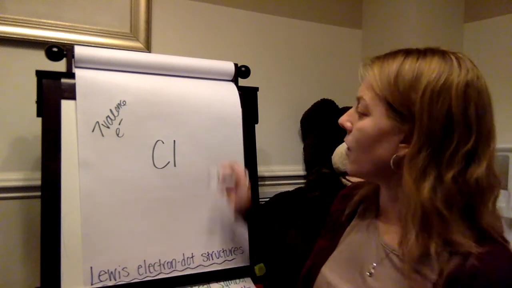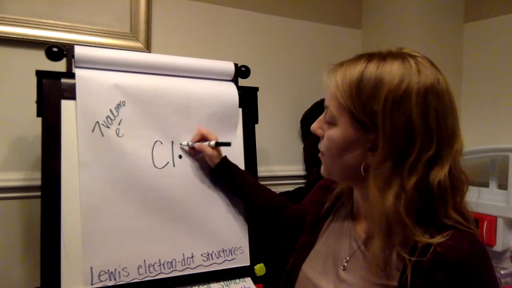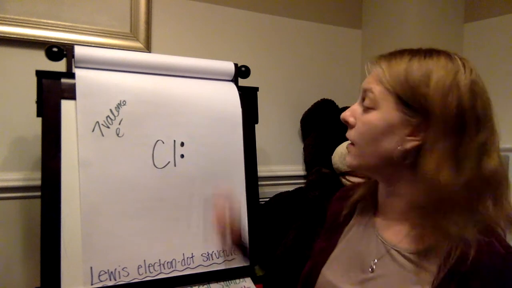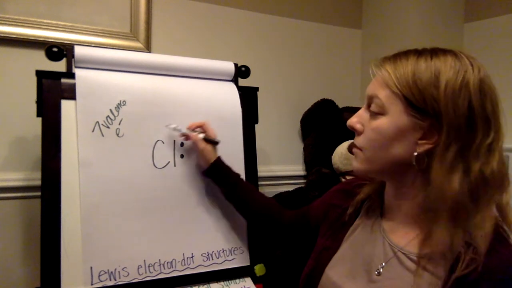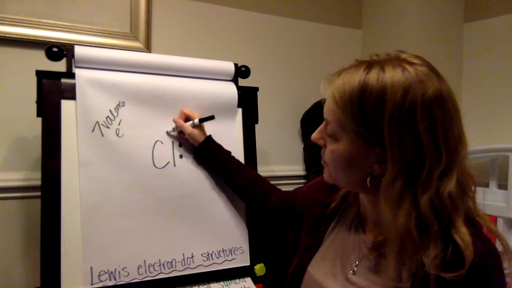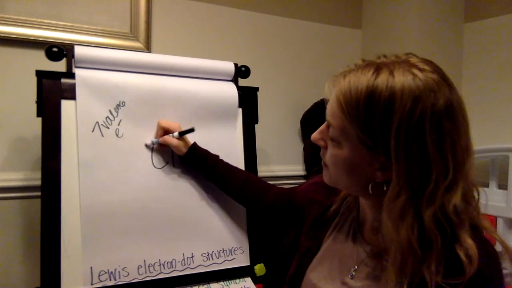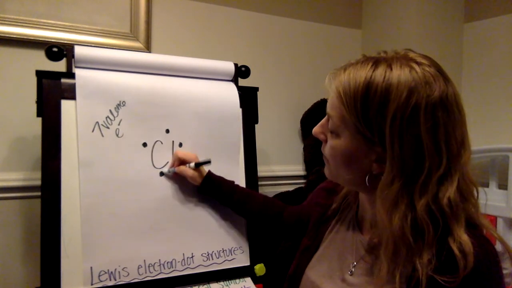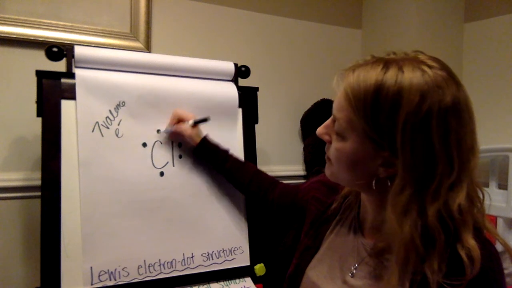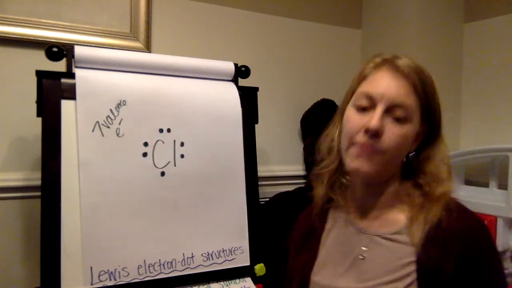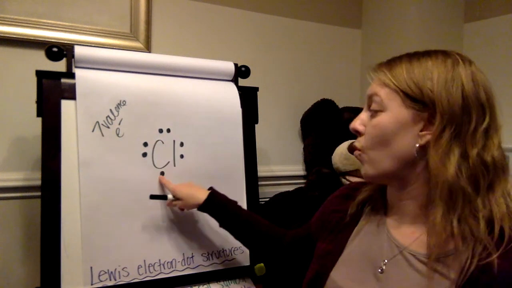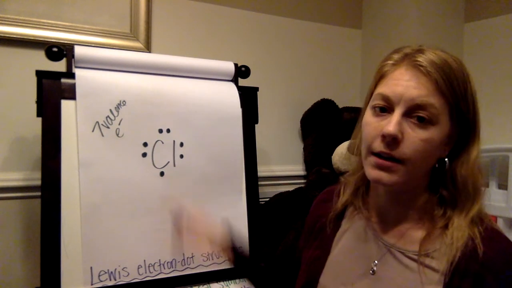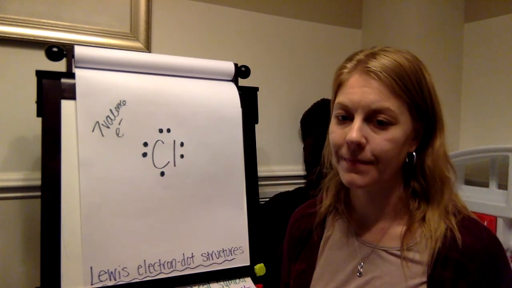There's 7. Our first 2 pair at the right, and then top, left, bottom, top, left, bottom. So there's 2, now we have 3, 4, 5, 6, 7 valence electrons. So there's only 1 unpaired electron in chlorine.